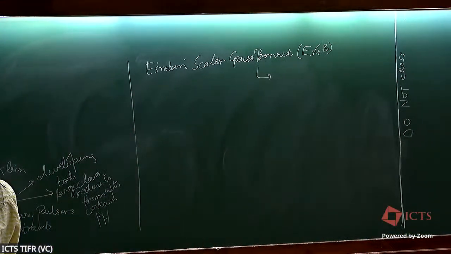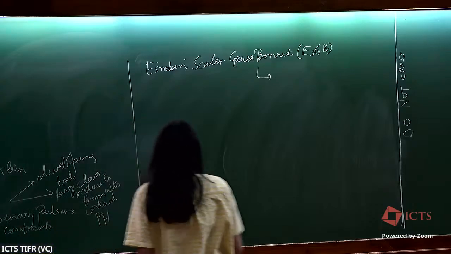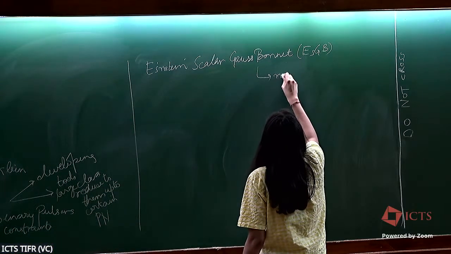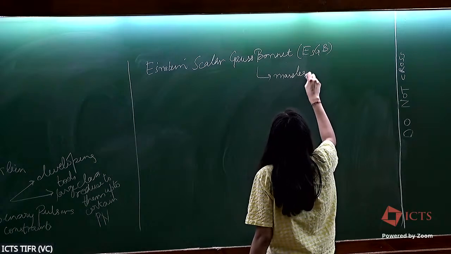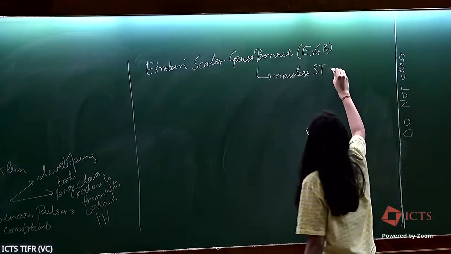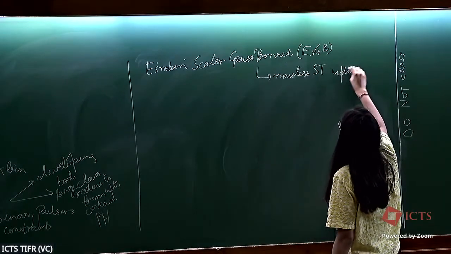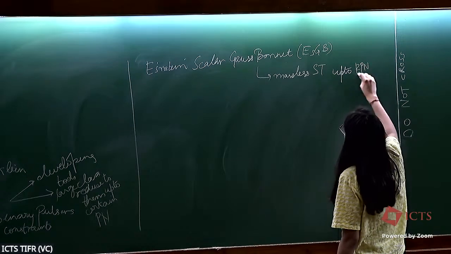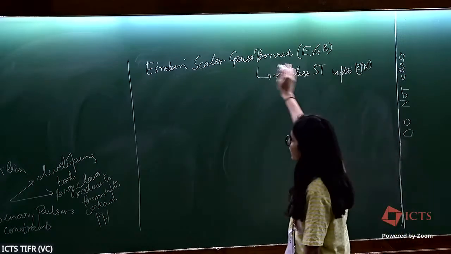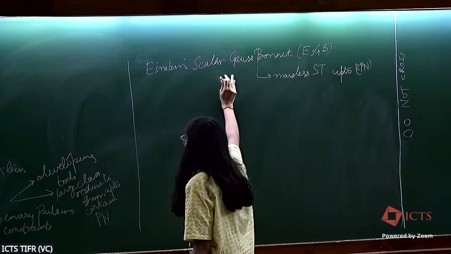I would write it as ST everywhere from now on. So it's the same as massless scalar tensor up to 2PN order. So everything that you compute here is also valid for Einstein scalar Gauss-Bonnet.